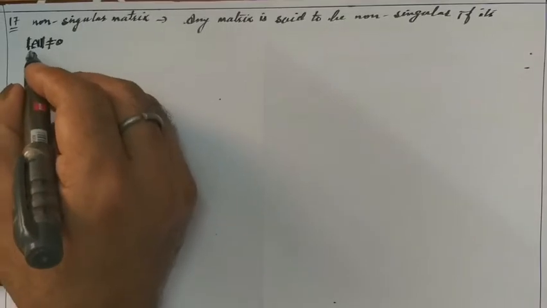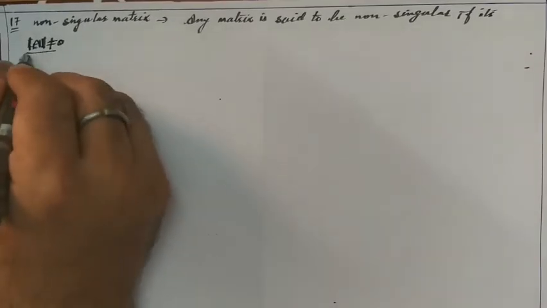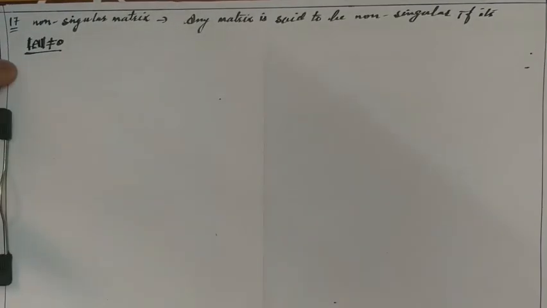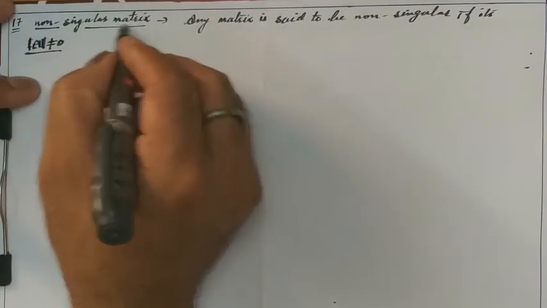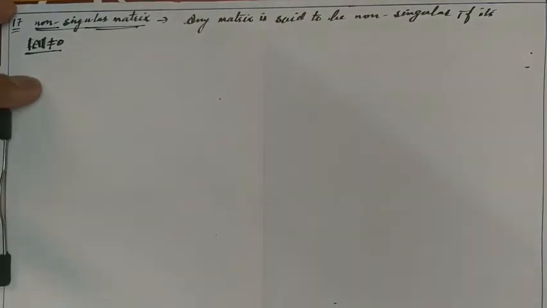If any matrix is non-singular, it means the value of its determinant is not equal to 0. This is non-singular. This is the meaning of only non-singular. This is not question number 17.